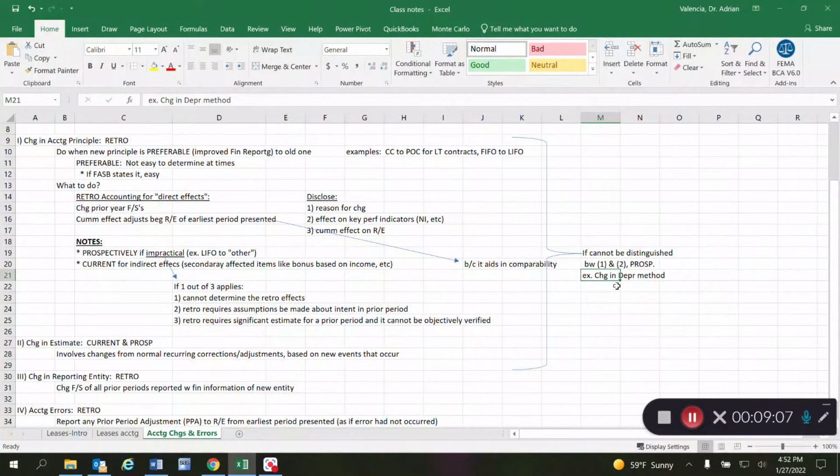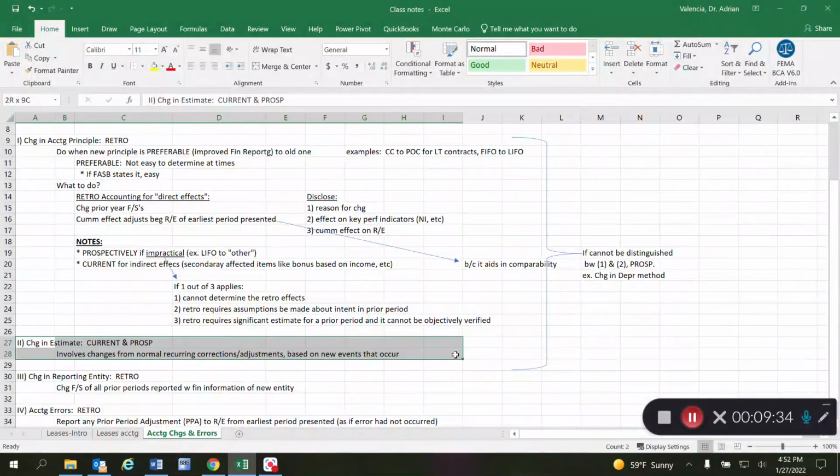Sometimes we use declining balance depreciation methods at the beginning of an asset and then eventually transition to straight line depreciation. So even though that's changing in accounting principle, we deem it more a change in estimate based on new information. Now, don't confuse that with what I just described here regarding a change in the residual value.